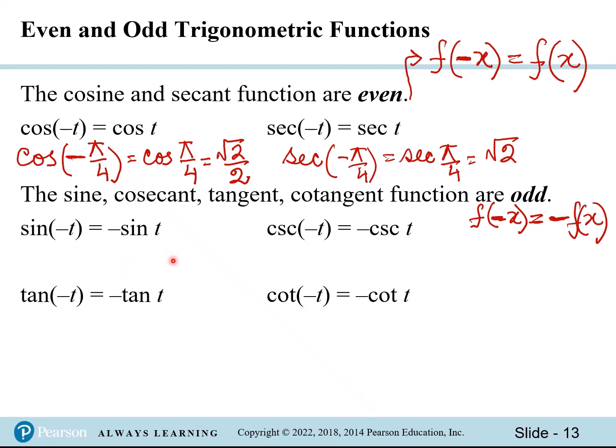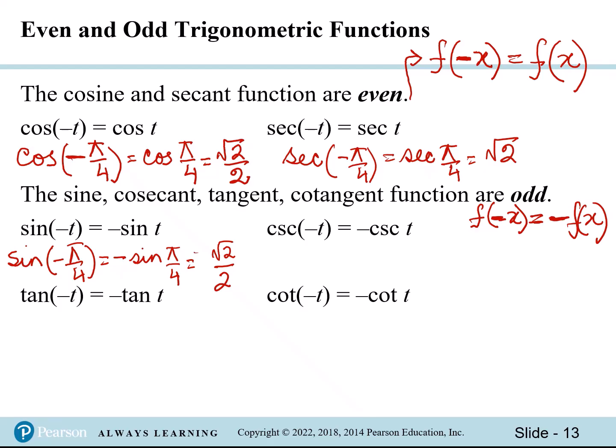Sine of negative pi over 4 will be equal to negative sine of positive pi over 4. Now, recall what sine of pi over 4 was. It was square root of 2 divided by 2. But because this is an odd function, it will be negative square root of 2 by 2. All right.